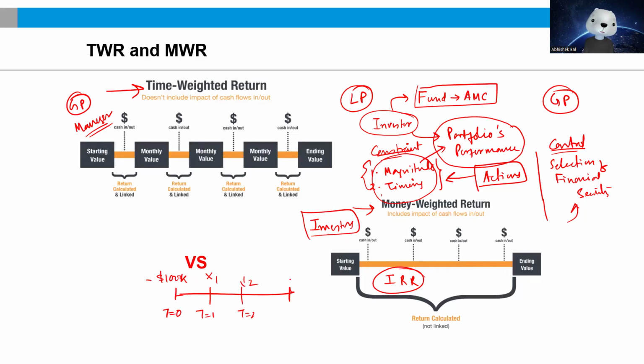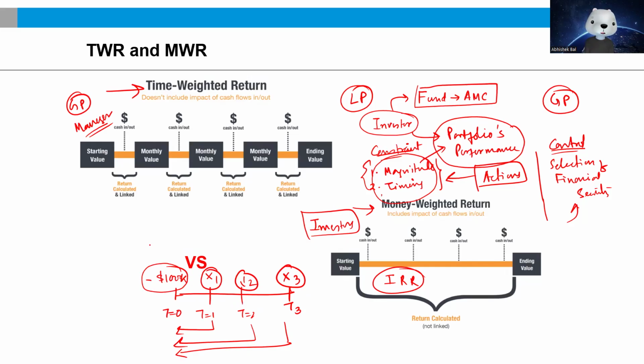I'm talking about in absolute sense. And let's say the terminal year is going to yield X3. The IRR is basically that rate of return that when we systematically discount each of these returns and add them up, they are going to equate to the initial 100,000 investment that you made.